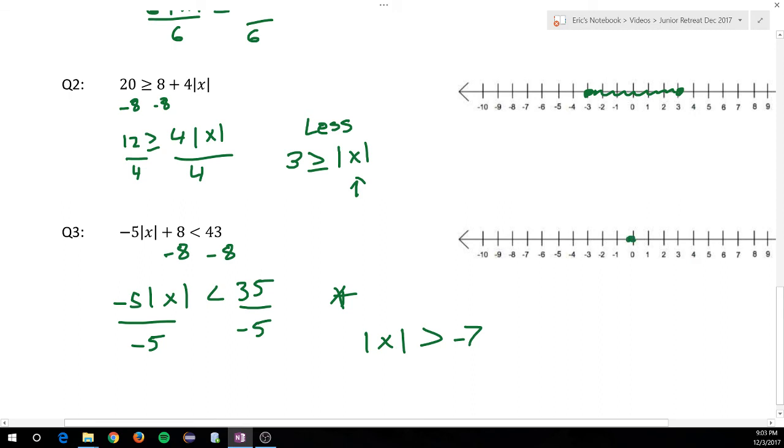So you can even be 0. And you could shade to the left. And you could shade to the right. In fact, this produces all real numbers. So anything works. That's interesting.